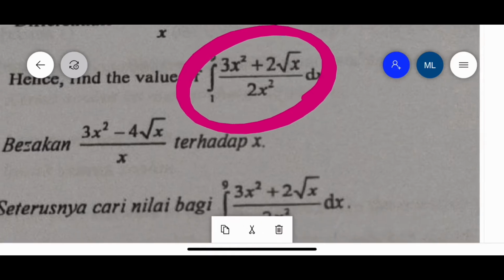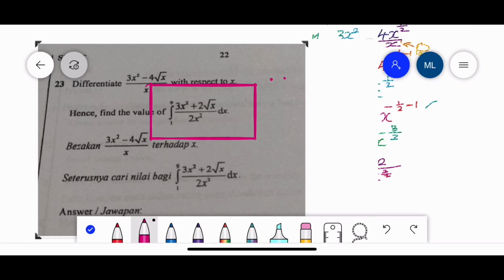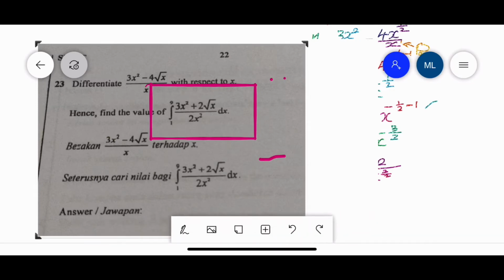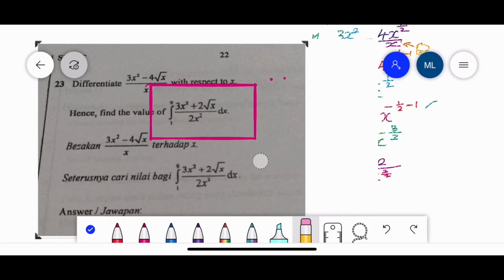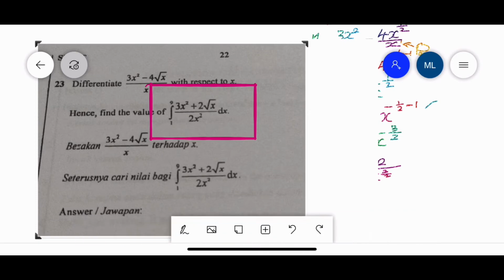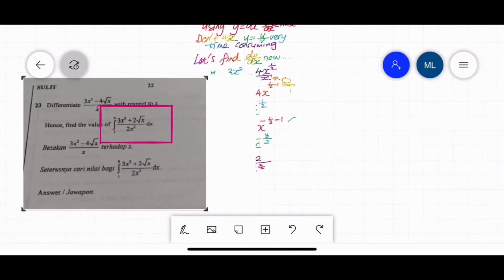I want to make sure my dy/dx is almost alike, but not exactly the same with the one given in the question. So I have to modify something, okay? Either I simplify or I try to make it the same denominator. All right, so let's see how we do.